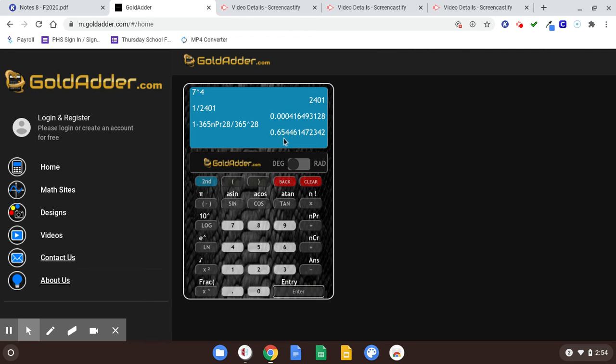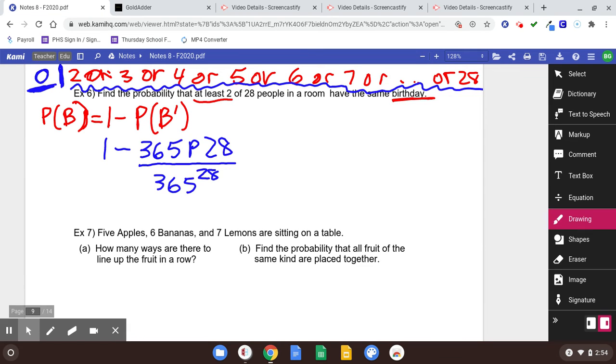Okay, 0.6545. That seems shockingly high, doesn't it? That means if you're in a room with 28 people, there is a 65% chance that 2 or more people will have the same birthday. I think that's surprisingly high. 65% chance that 2 or more people have the same birthday out of 28.